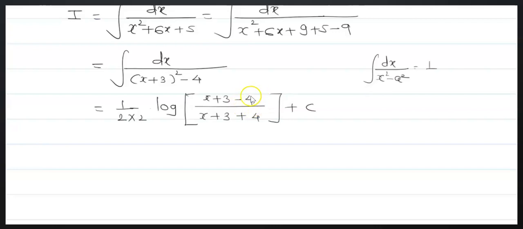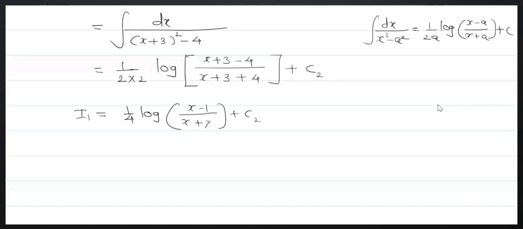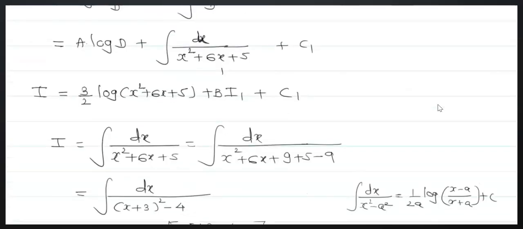I will replace this. This is of the form: the integral of dx upon (x square minus a square) is equal to 1 upon 2a log of (x minus a) upon (x plus a) plus c.